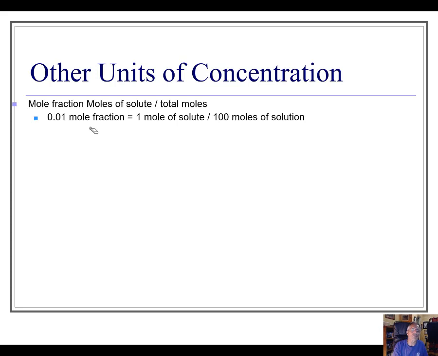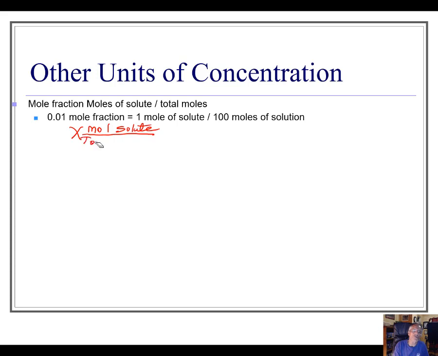Here's what you want. You want X moles, usually of solute. I am going to show you a particular problem where you need to put moles of solvent in the numerator, but we'll get to that later. But normally it's moles of solute divided by total moles.